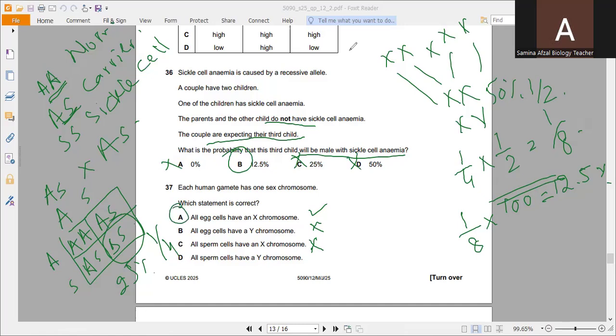So according to this, A is the correct option, which is absolute correction.